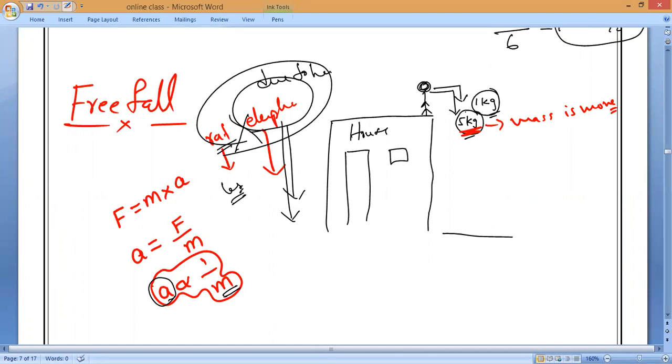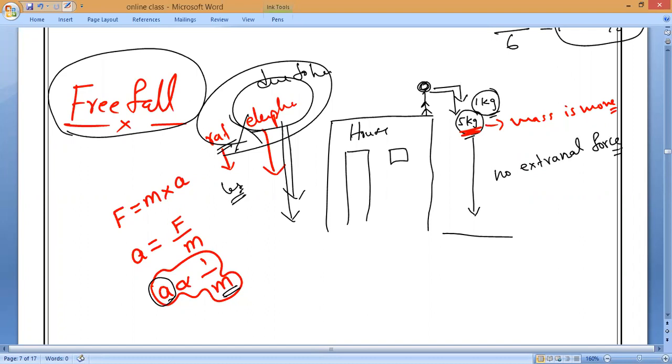As Hari said, what does free fall mean? Observe very carefully. If any object is falling towards the ground and no external force acts on it. Mithakshi, what is this external force? No external force means air friction or some other kind of friction force should not act.